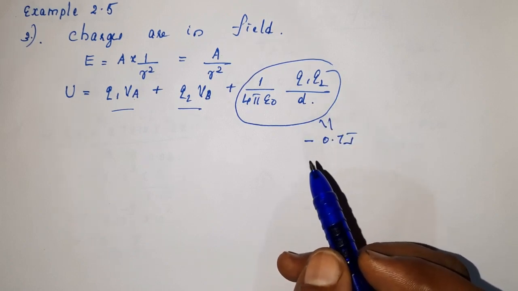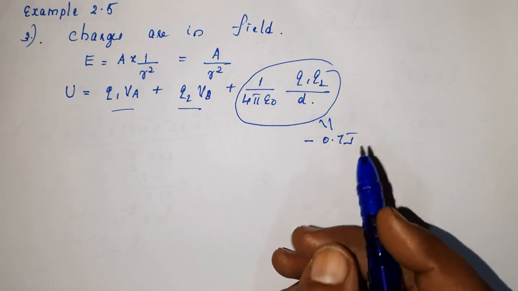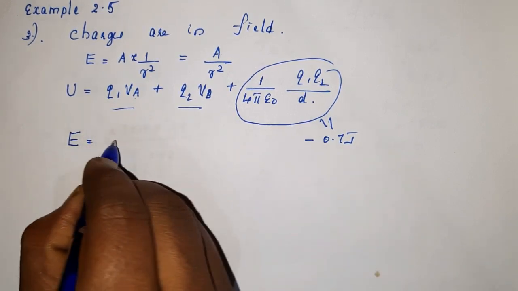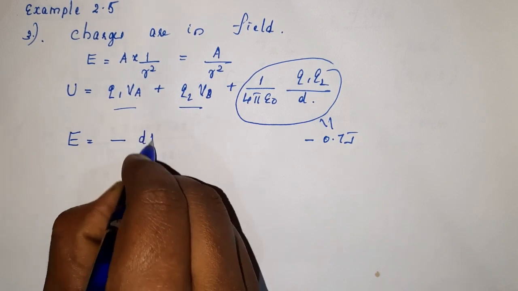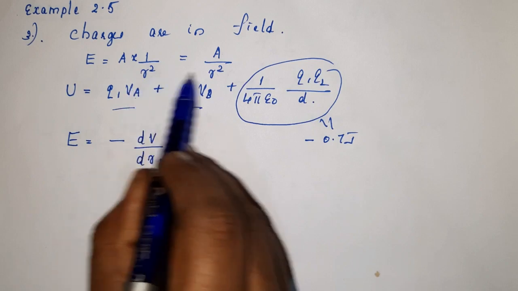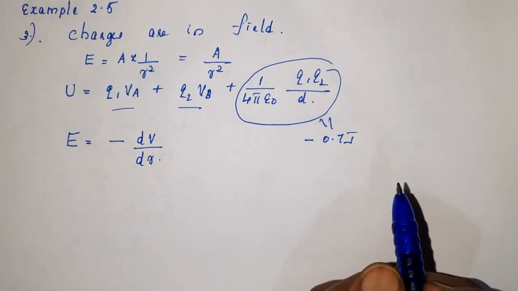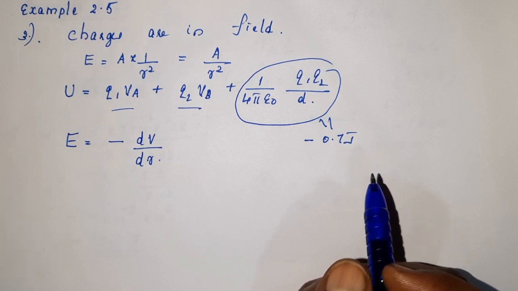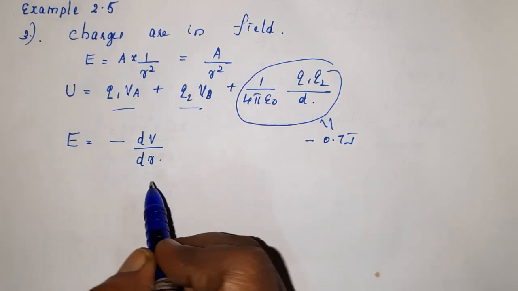So how will we proceed here? We need to use the equation E is equal to minus dV by dr, because here it is given in terms of r. I told you, we have to use that particular equation in different forms. So here we use that equation in this form.